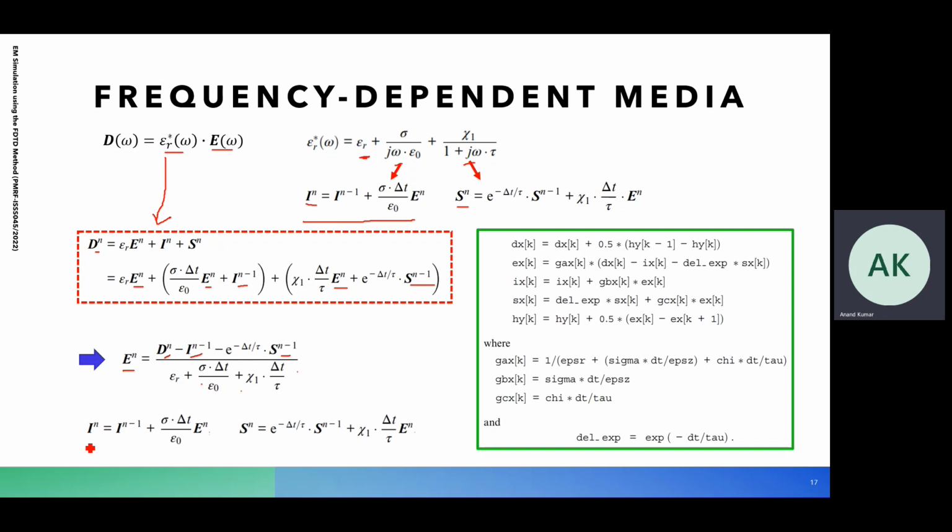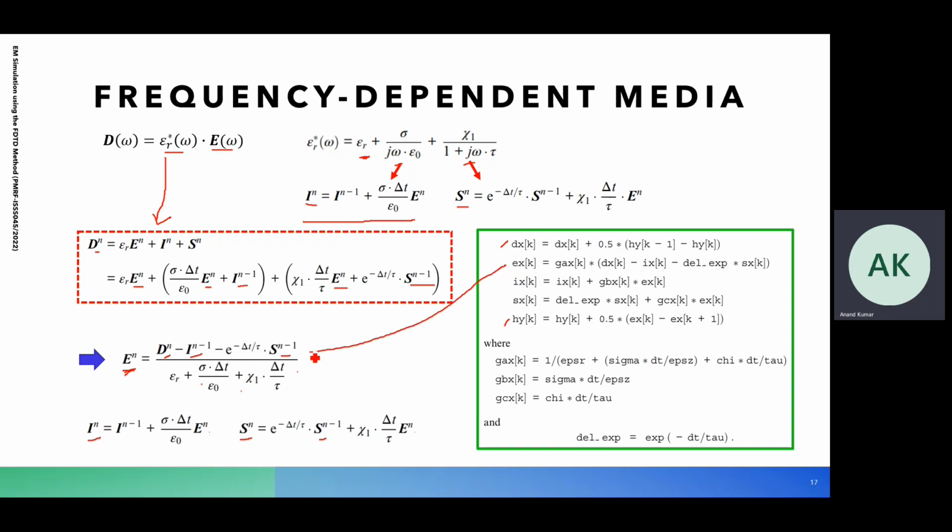Once we had the expression to calculate the electric field values in terms of Dn, and the expression to calculate In from the previous electric field values and Sn similarly, we get the final set of update equations which are computer compatible for MATLAB or Python code for FDTD. These two expressions we get from Maxwell's equations.